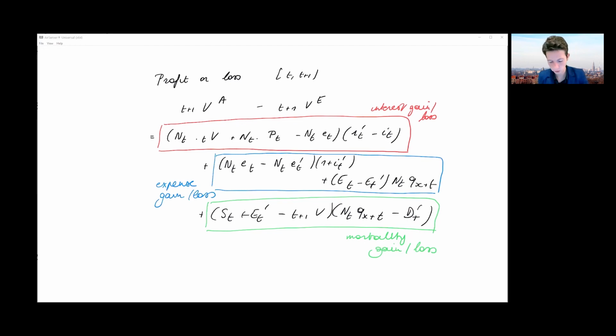This formula is not given in the book, but I think it's a nice generalization of the example from the book that we covered together. We can look at the total profit or loss, and then attribute it to one of the three sources that we discuss here: interest rate, expenses, or mortality rates.